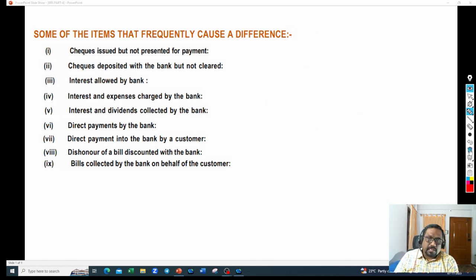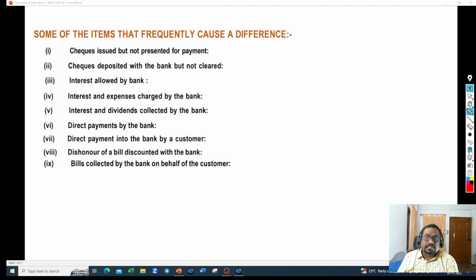In general, guys, if you know about these important differences, it will be easy for you to solve the problem. That is one. And second, especially for freshers attending corporate interviews, they will ask, do you know the important 3-4 reasons for the differences between a passbook balance and a cash book balance?